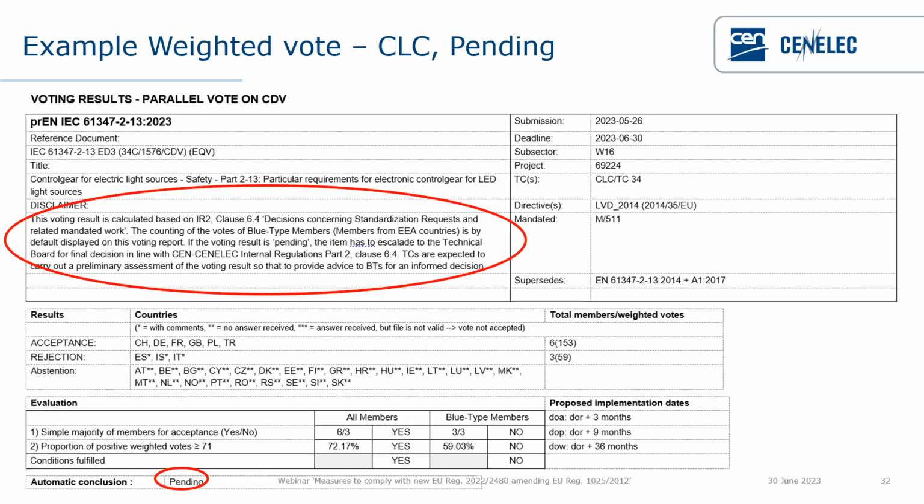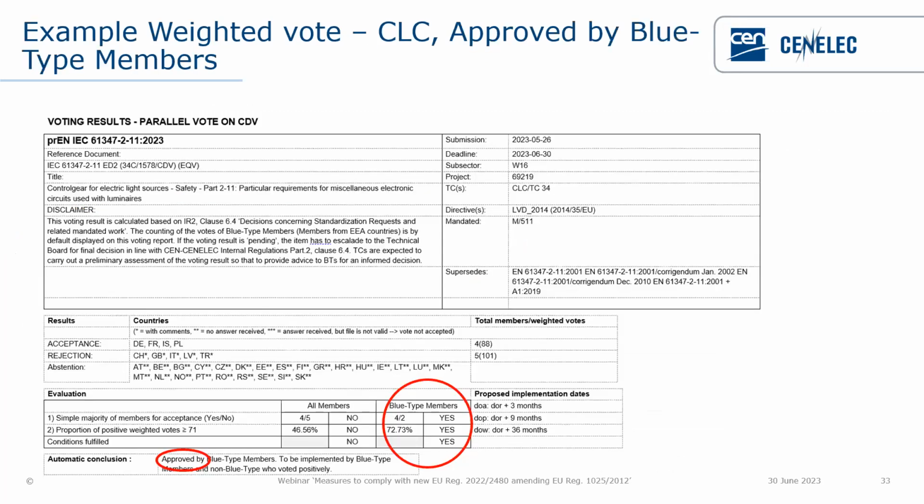You see the conclusion is below, so it will appear very clearly as a pending, this part, the red circle here. You see that here the voting result, so we make reference to all members and the blue type members. So it is exactly what I told you before.